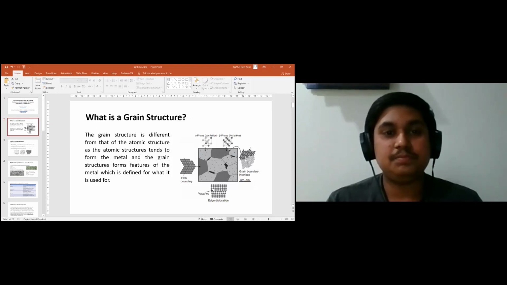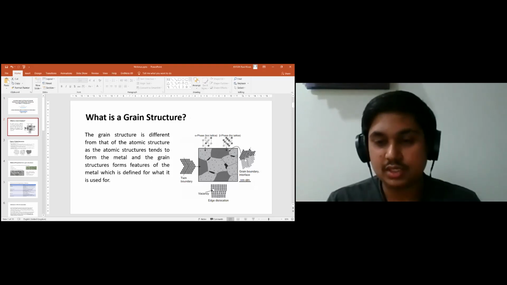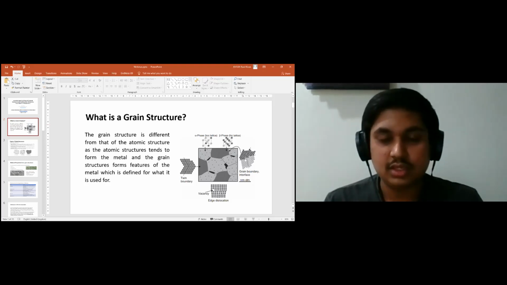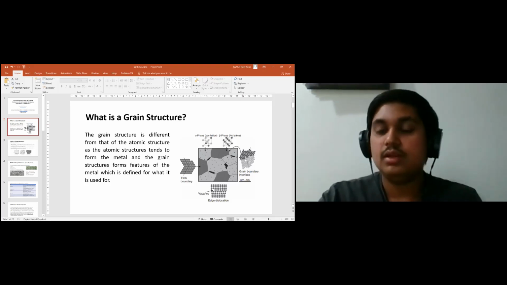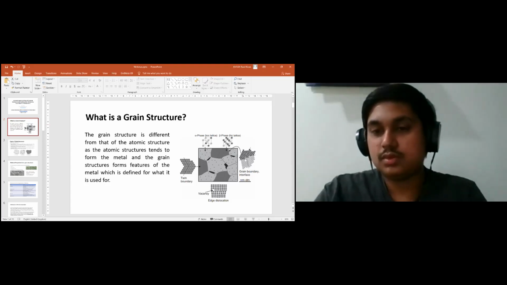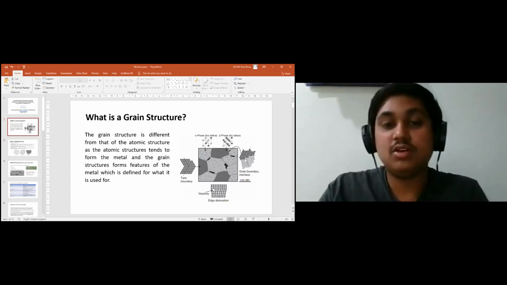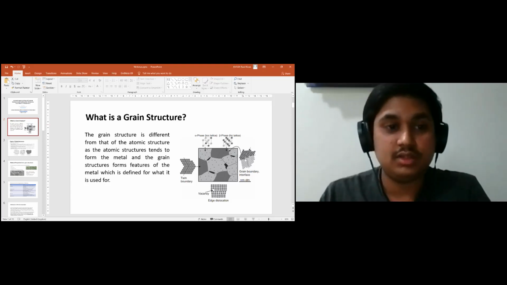And the grain structures are those which tell us about the features of that particular material, with the chemical composition that it has got.